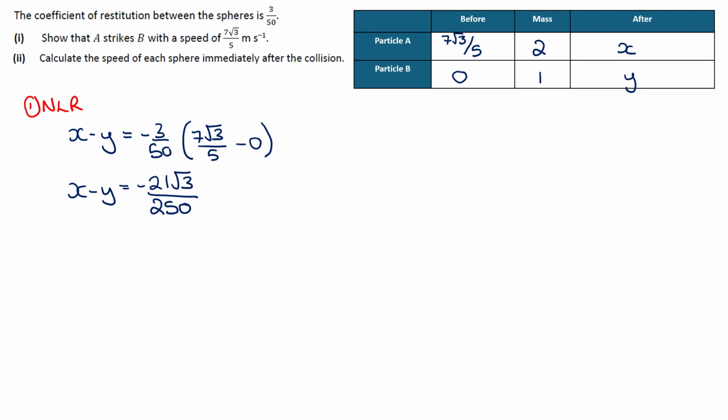And then the second thing we do is the principle of conservation of momentum. So that gives us 7 root 3 over 5 times 2 plus 0 times 1 is equal to 2 times x and 1 times y.